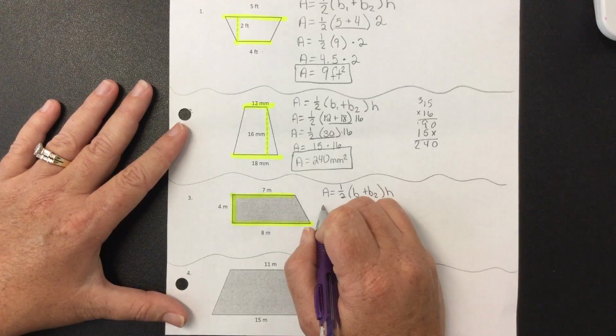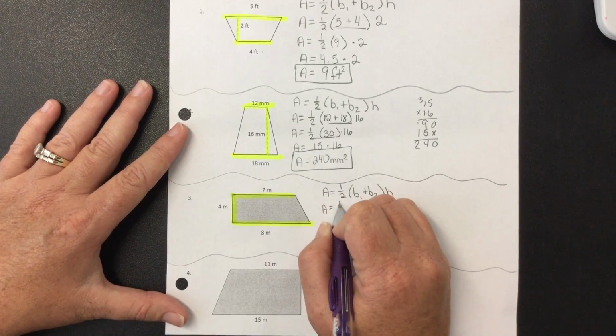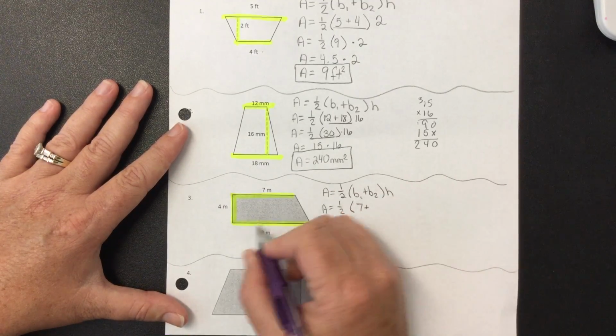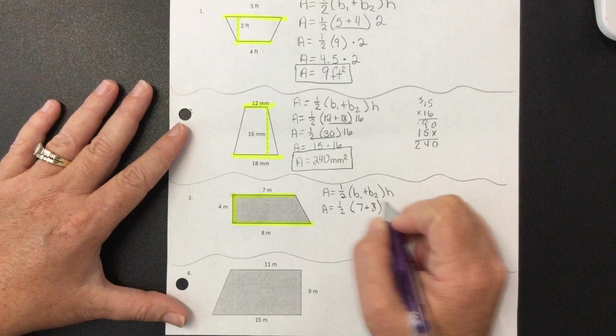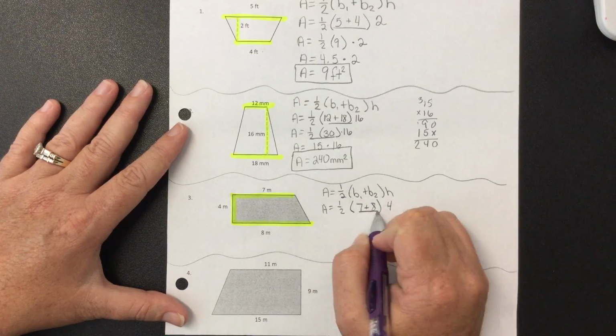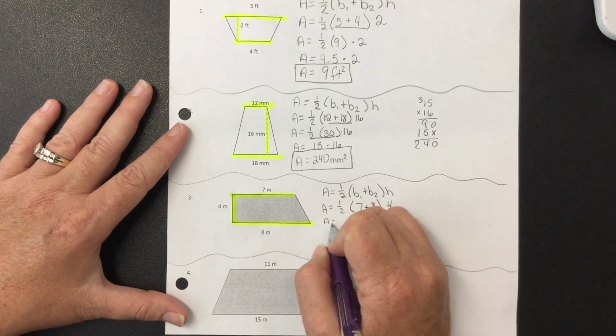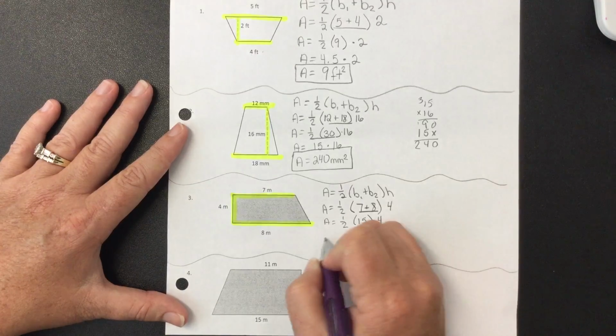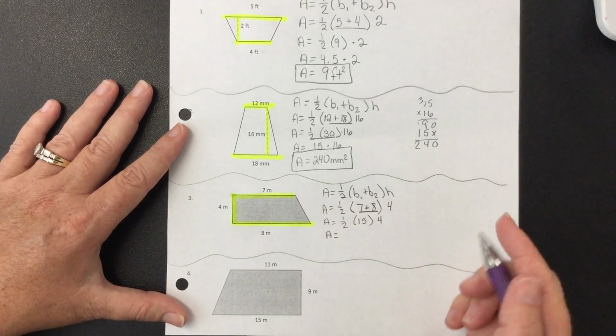Plug in what I know. I do not know my area. Base 1 is 7. Base 2 is 8. Height is 4. Add those two together and I'm going to get, what is half of 15? 7.5.